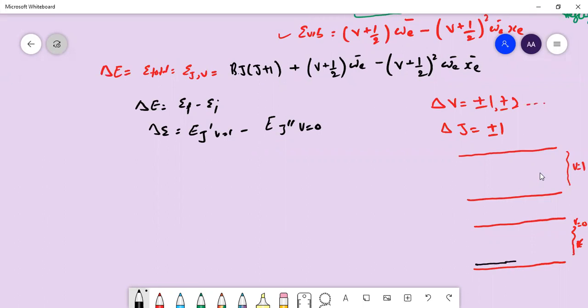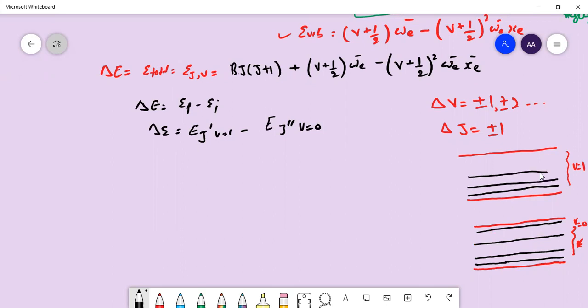Here, what I am drawing in black are the rotational energy levels, and we know that the gap between rotational energy levels is not uniform. As the value of J increases, the gap between the energy levels further increases. So let me draw that also: first rotational, second rotational energy level, third, and so on. The red lines are our vibrational energy levels, and the black ones are our rotational energy levels.